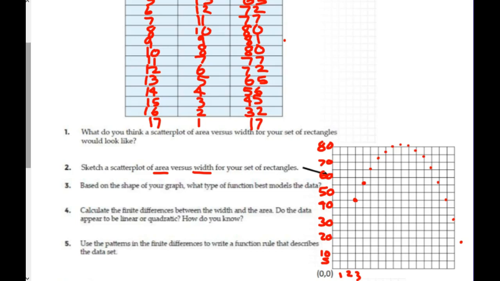Just so you know, 2 is also at 32, and then 1 is at 17. So that's 1, 17. That's 17. And then up here at the top, this is 9, 81.